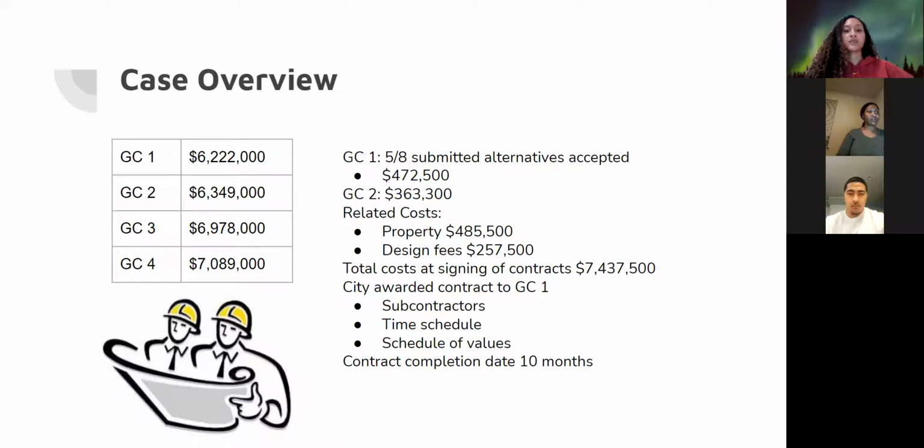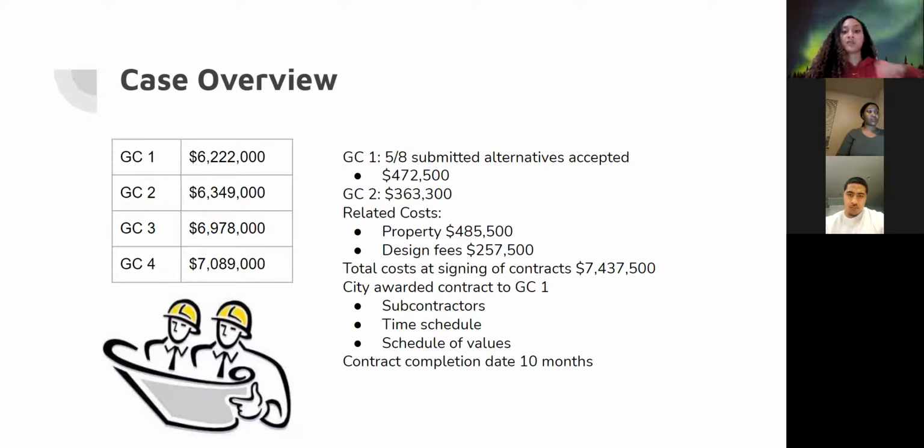The winning contractor had 5 out of their 8 submitted alternatives accepted, at a total cost of $472,500. General contractor 2 also submitted their own 5 alternatives, which cost less, $363,300.